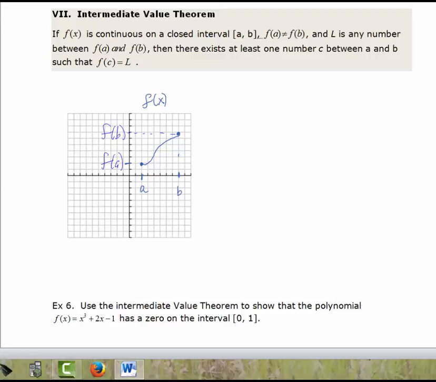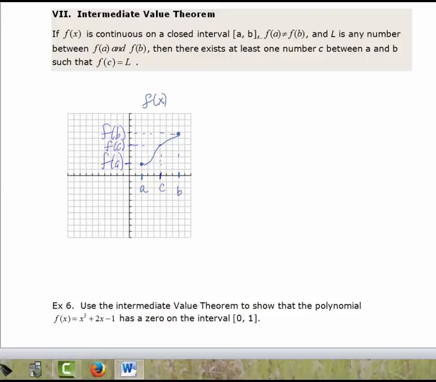What the theorem states is that as long as this function is continuous, there exists some c between a and b. So I'll choose some c that falls between a and b. If I go up to the graph, the y value corresponding to that x value is going to be f of c, and that f of c is guaranteed to fall between f of a and f of b.